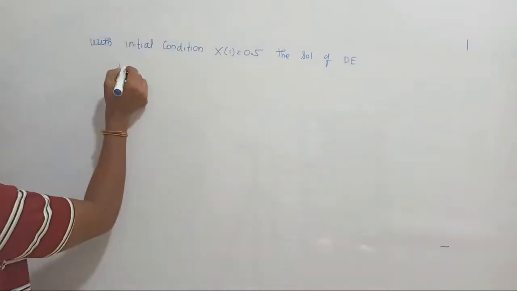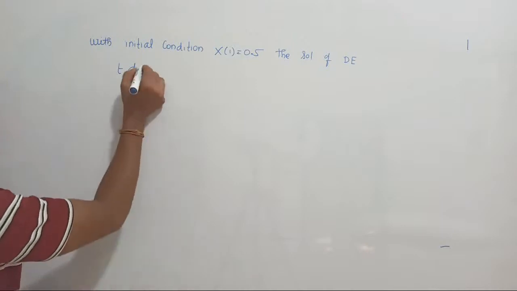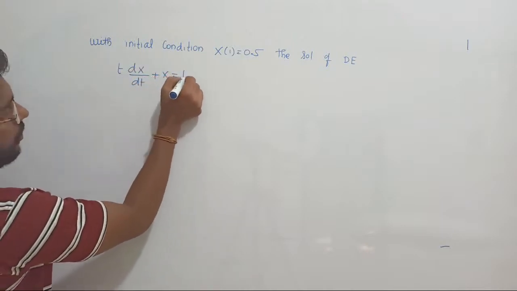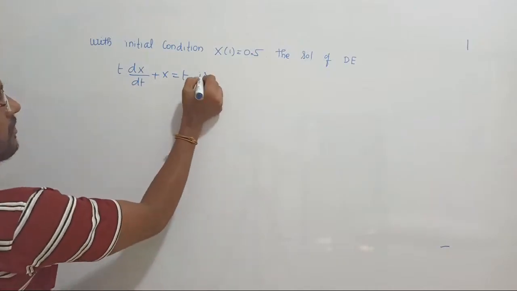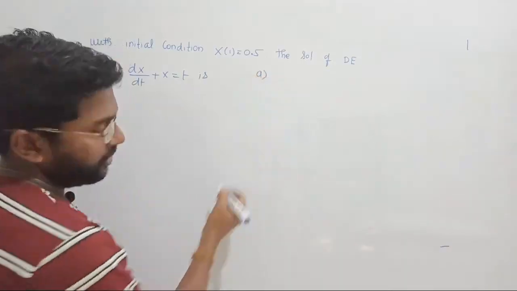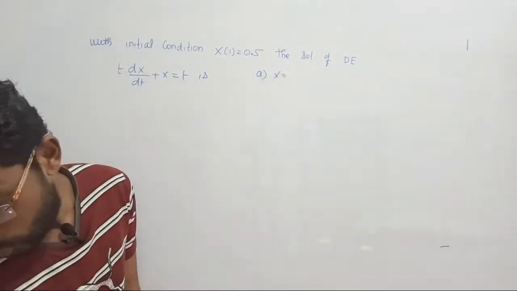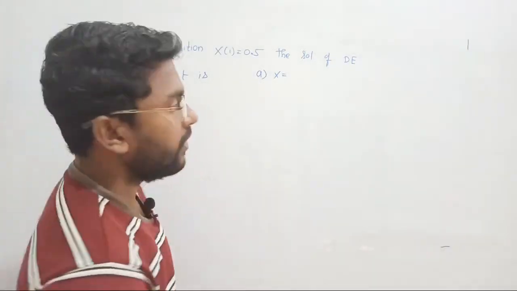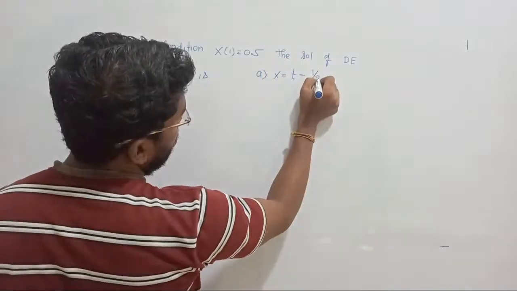The differential equation is given as t into dx by dt plus x equal to t, I think, right? That is correct. They have given 4 options. Option A, they told x equal to, I think they made some mistake in the equations, anyway, let me write, I don't know which is correct, t minus 1 by 2.